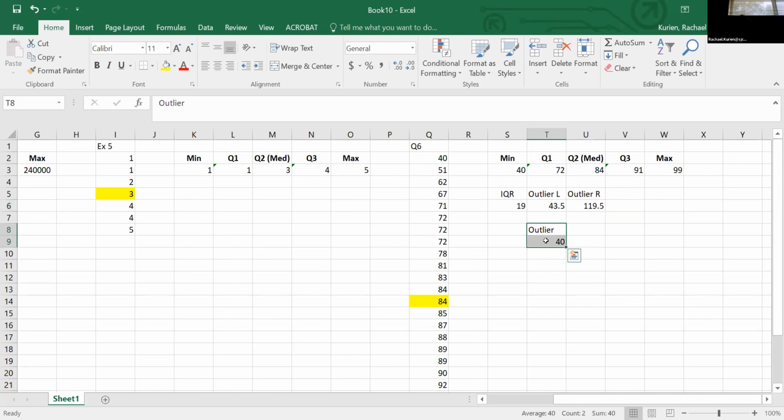So the only outlier that there is 40. And this is just our range of okay numbers. And this outlier falls on the outside of it. So these are our okay range. This is our outside. And that concludes our video of quartiles.